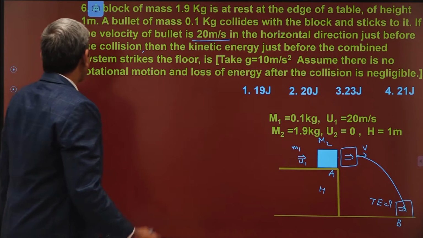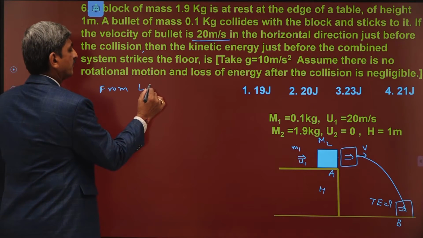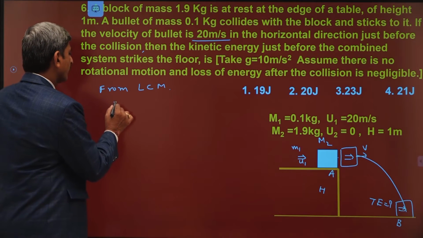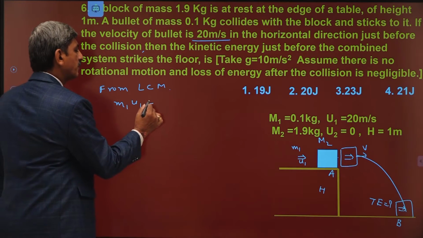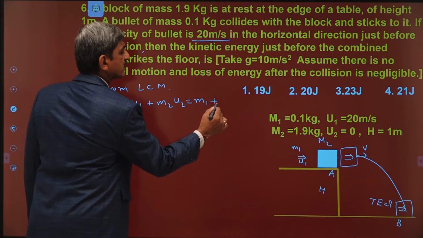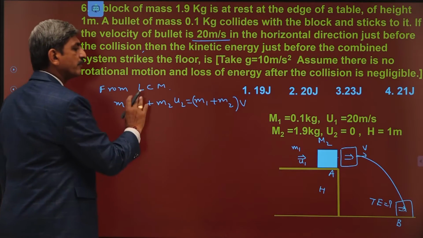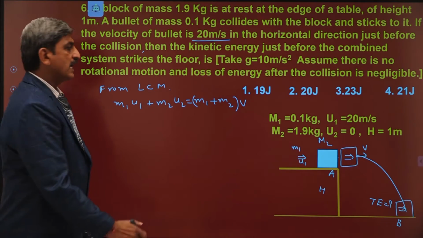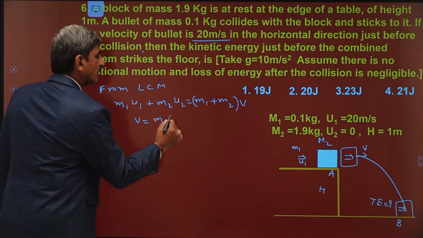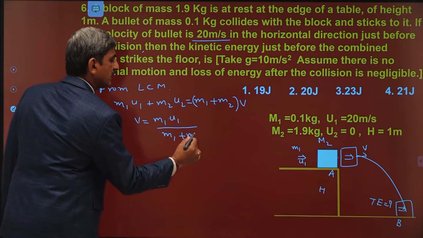Now, from the law of conservation of momentum, we can write m1 u1 plus m2 u2 is equal to m1 plus m2 of v. The total momentum before collision is equal to total momentum after collision. From this, the common velocity v is equal to m1 u1 divided by m1 plus m2.